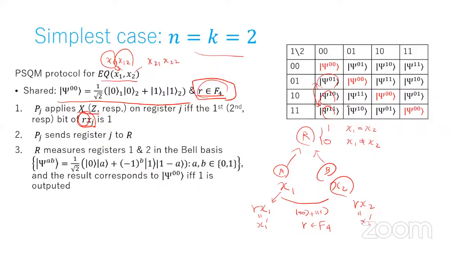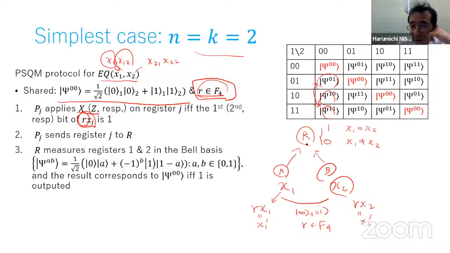In that case, the referee doesn't know each of x1 and x2, because in the maximally entangled state they cancel. The only information is whether they are different or not. That's a little difference from our protocol, but essentially these are similar protocols.